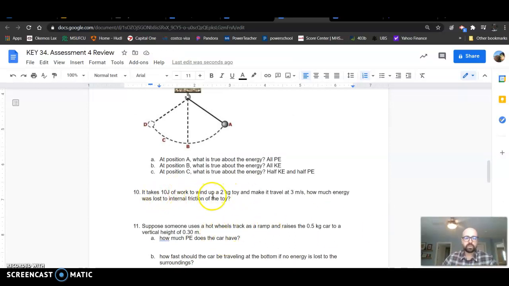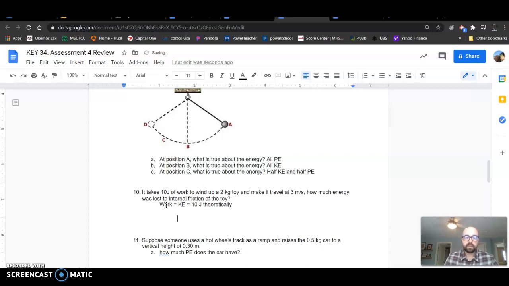Now, 10 joules of work to wind up the 2 kilogram toy, and it travels 3 meters per second. So work should equal the kinetic energy, so it should be 10 joules theoretically.